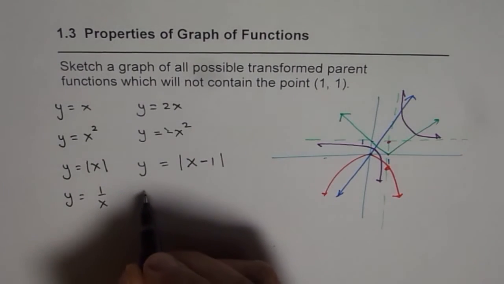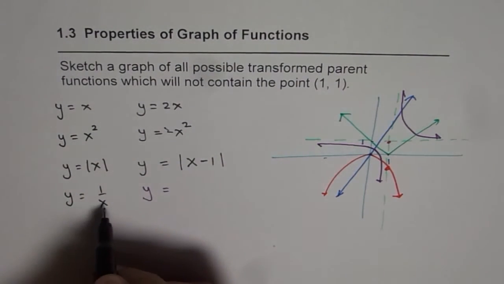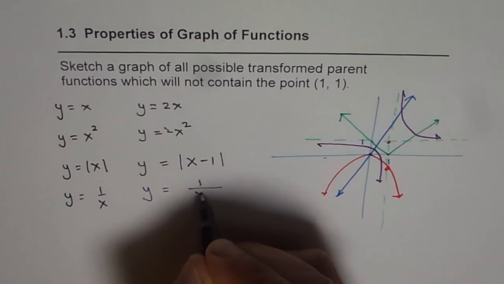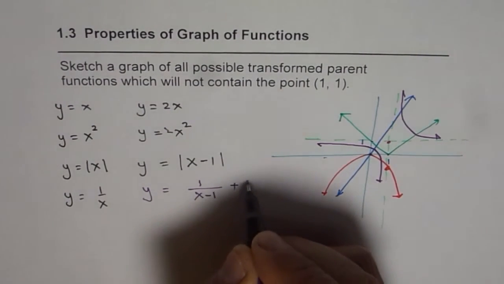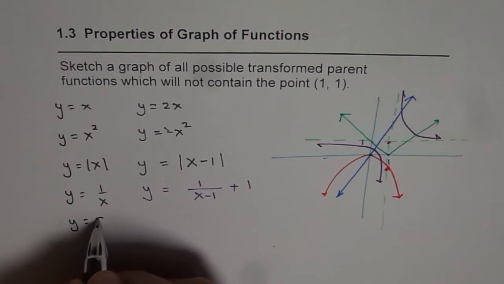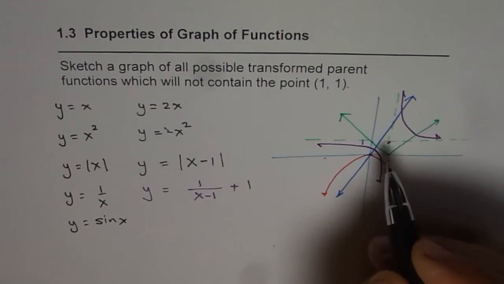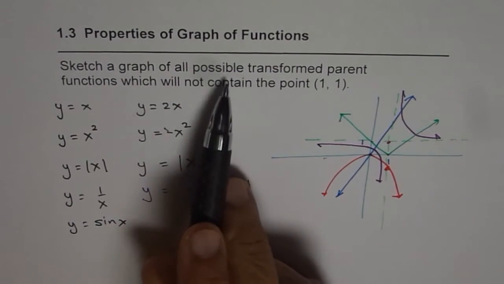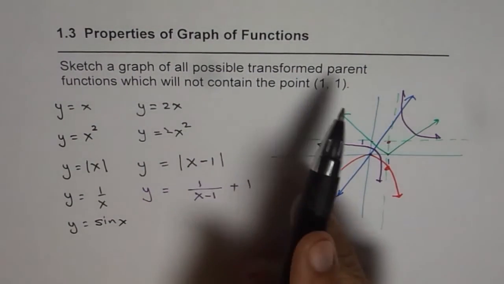So what I've done here is I've written a function where I've translated the vertical asymptote to 1 and vertically we have translated one unit up, correct? So likewise we can do it for all the parent functions, right? If you have y equals sine x, for example, well, sine x does not really contain the point 1, 1, but we need to draw a possible transformed function, right?